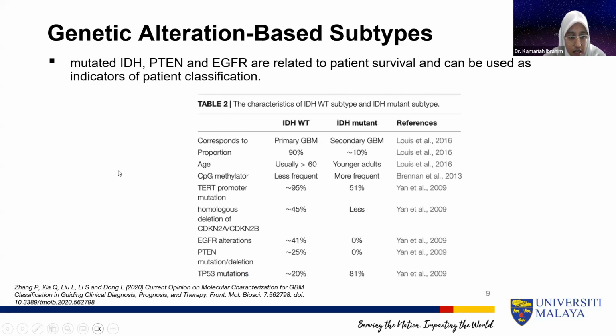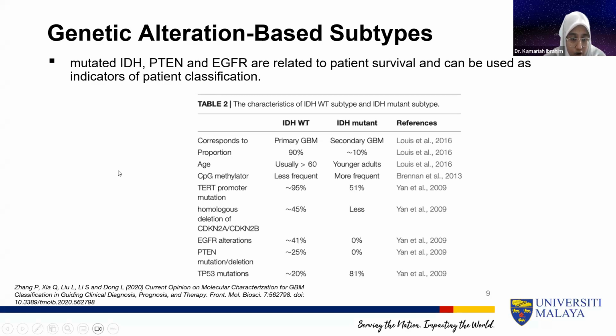And you can see from here that IDH wild type corresponds primarily to primary GBM, whereas IDH mutant is mostly in secondary GBM.